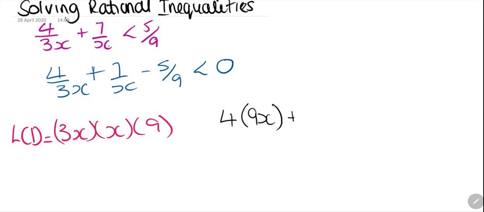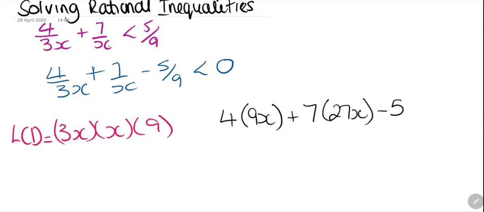My second, 7, I have x on the denominator, so I don't need to multiply by x. I'm just going to multiply by 3x times 9, which is 27x. Now I have minus 5 over 9.